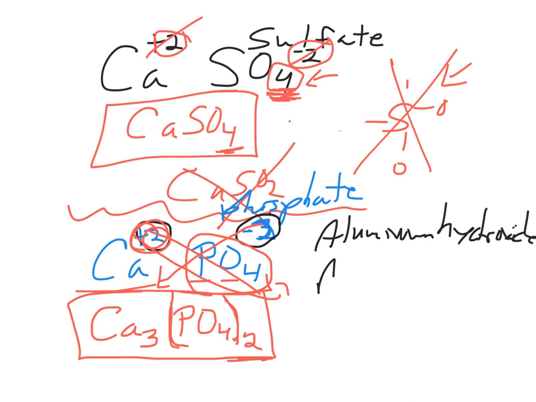Aluminum is Al, and your charge for that is a +3. Now, if you look on your polyatomic ion sheet, your little cheat sheet, hydroxide is OH, and it has a negative. So, looking at your charges, are they the same number? No, so you can't cancel. Can I reduce them? No, they're already at their most reduced. So you must crisscross.